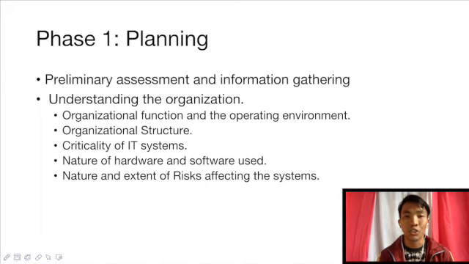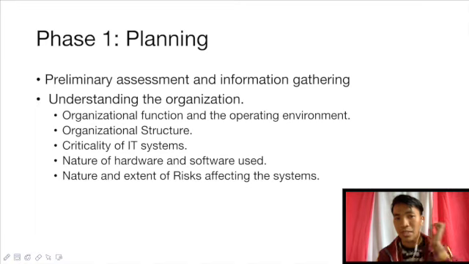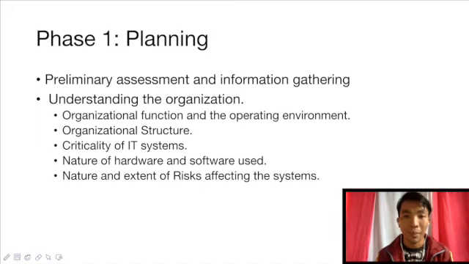Understanding the organization also looks into the nature and extent of risk affecting information technology infrastructure and information systems. In such case, you'll not be limiting only on hardware and software, but the operations and processes, including operations that have to be part of your organization.